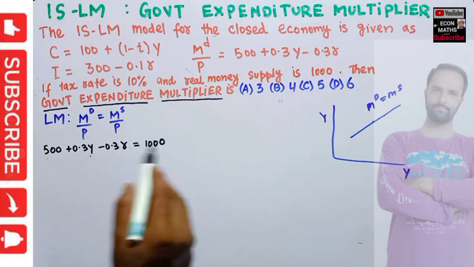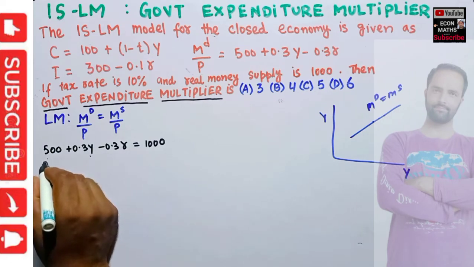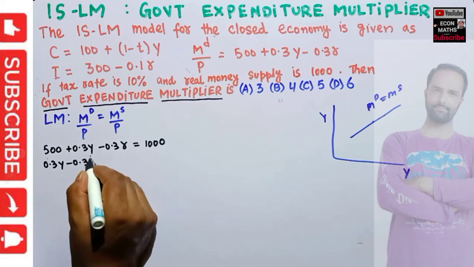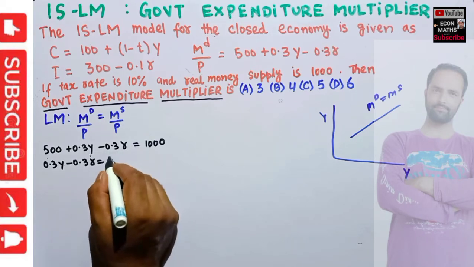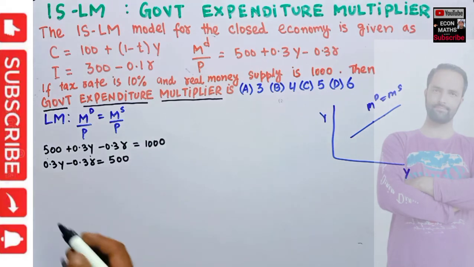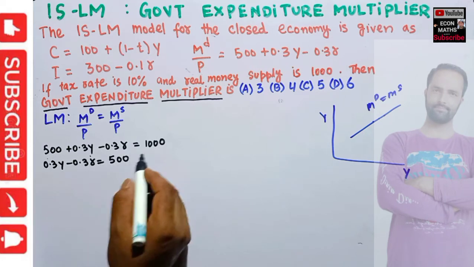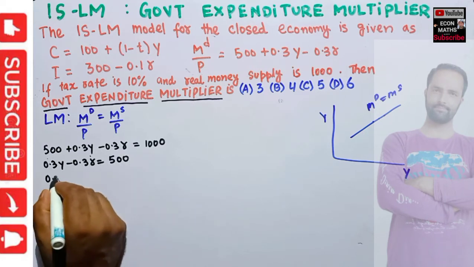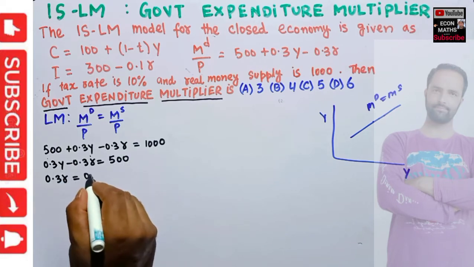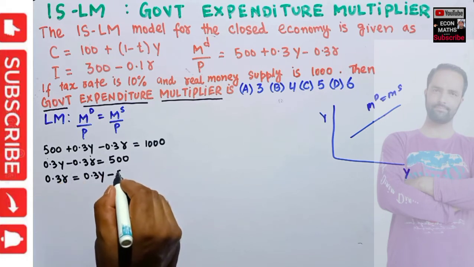Now we will solve this. Transposing this 500 here, it will get subtracted from this 1000. That means 0.3Y minus 0.3r is equal to 1000 minus 500, which is 500. Or we can write it in this fashion: transposing this 0.3r, it will become positive, so 0.3r should be equal to 0.3Y, and transposing this 500 here, it will get subtracted.